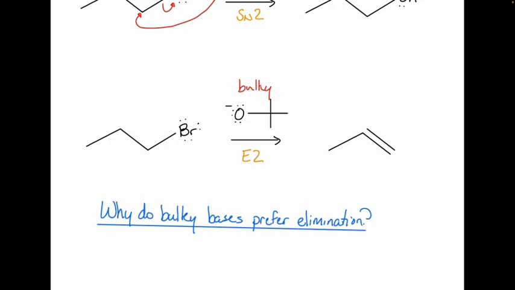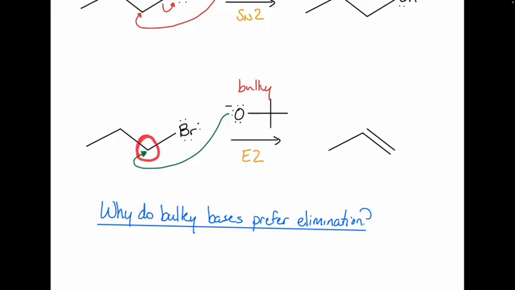Well, let's compare these two. Let's say that I was going to do a substitution reaction. Where would my bulky base here have to attack if I were to do a substitution? That carbon. Now, importantly, my carbon, as I drew it here, I didn't actually draw all my bonds.